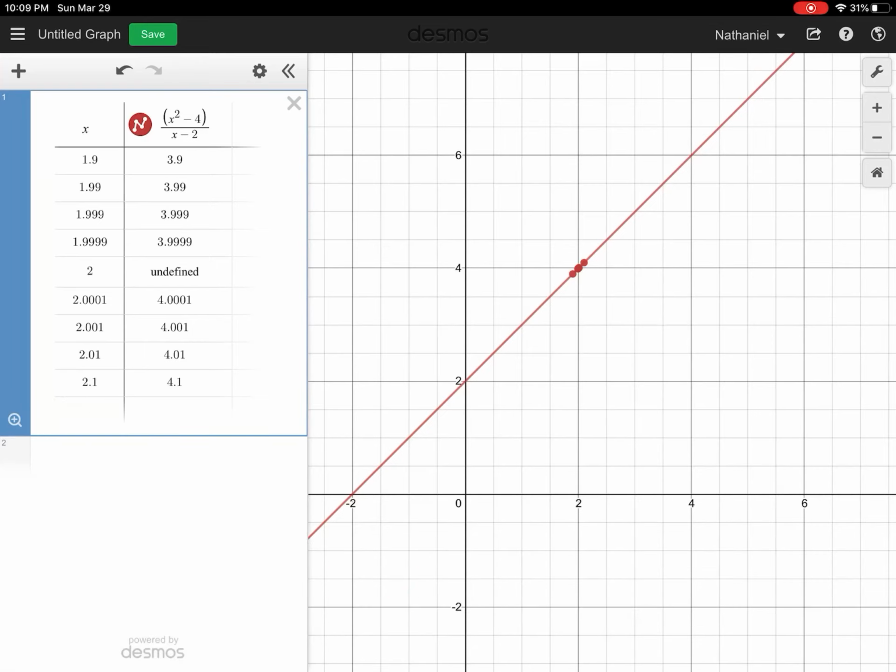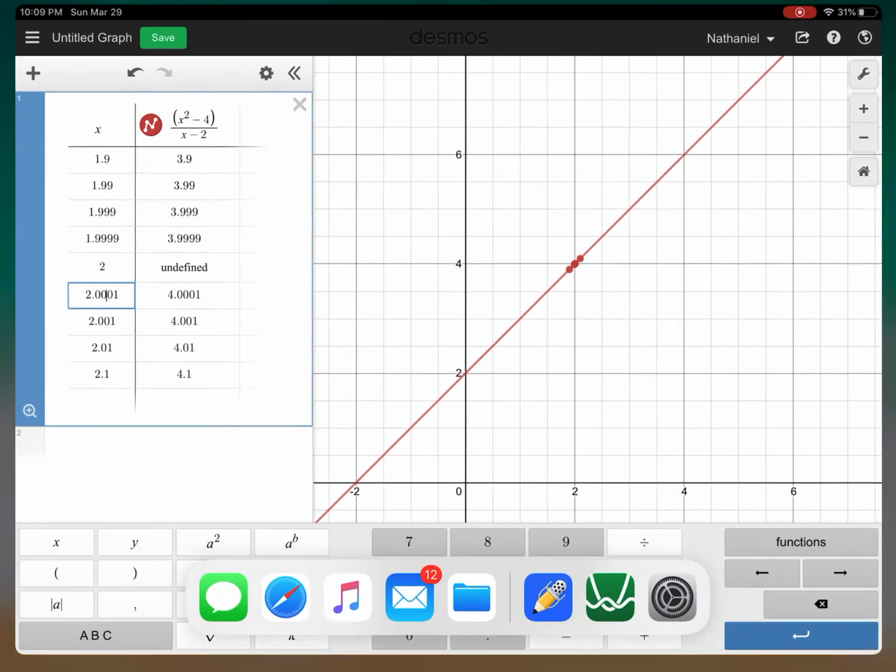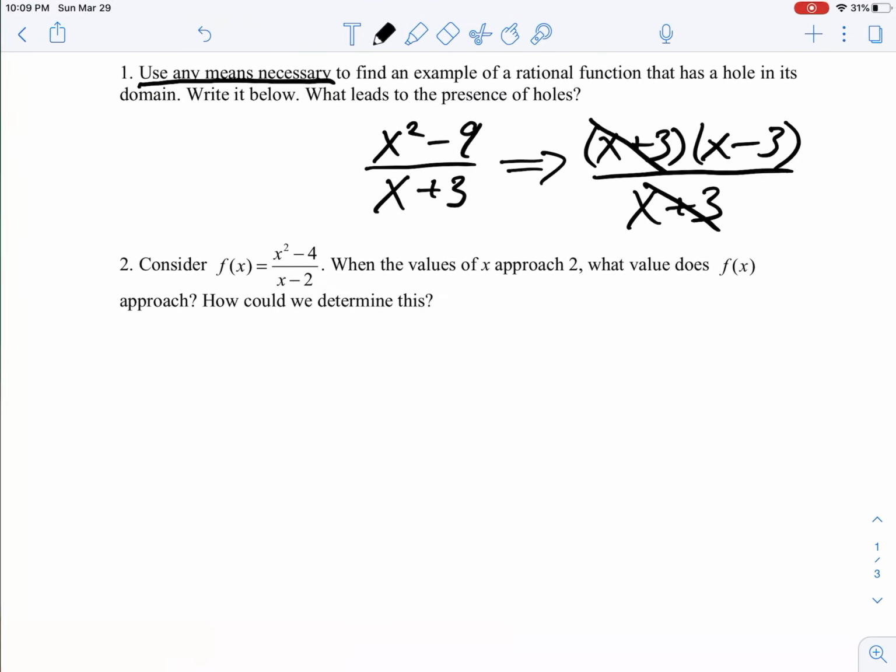So that's good. That shows us that looking at the numerical values, this function converges upon 4 when x approaches 2. Let's go back to our notes.